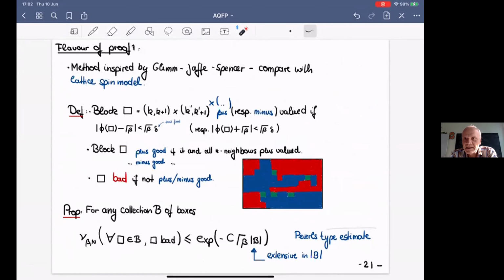I think our analysis, certainly for now, is not fine enough to capture that. I agree with the question, but I don't have a good answer. We deal with very high beta, and we can be completely brutal. Our beta is just large enough, and that allows us to take size 1. But it would be very interesting to understand what happens if beta is large, but not large enough.